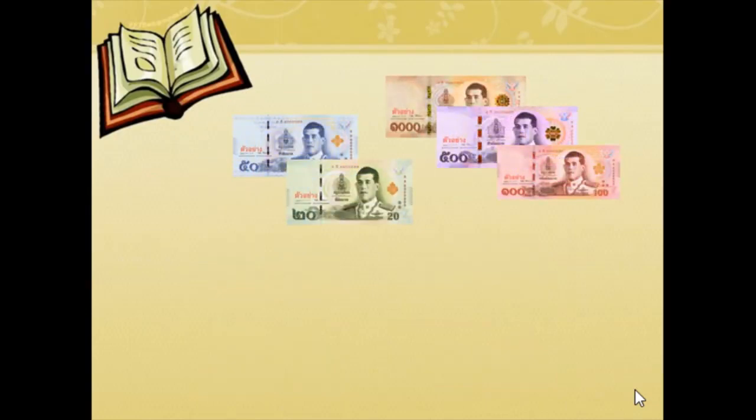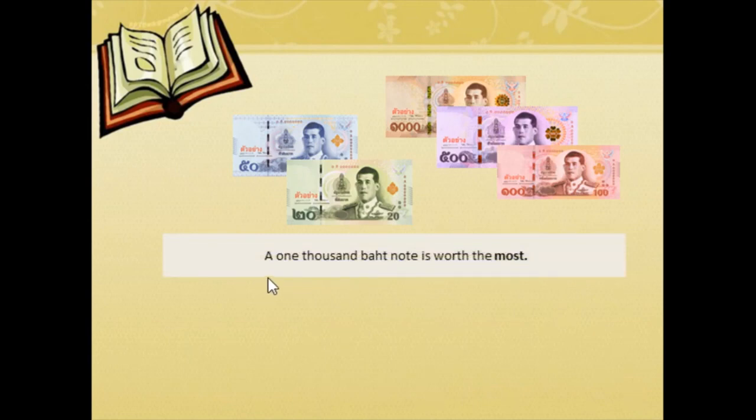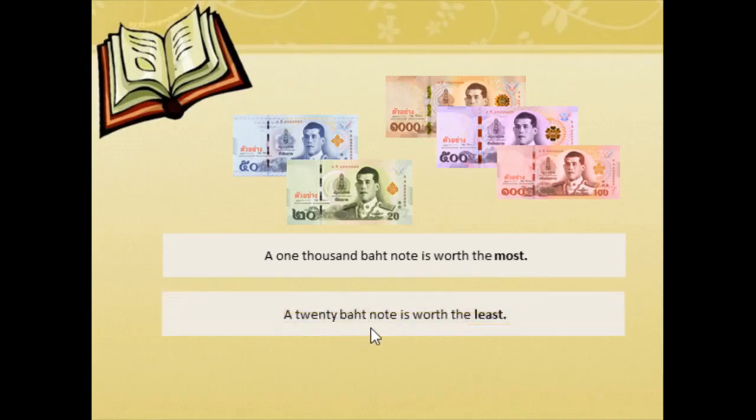We also compare the values of money. For instance, a 1,000 baht note is worth the most, which means it has the biggest value. A 20 baht note is worth the least, which means it has the lowest value.